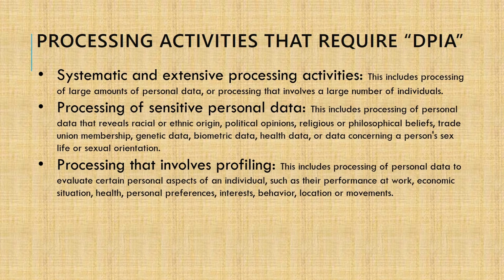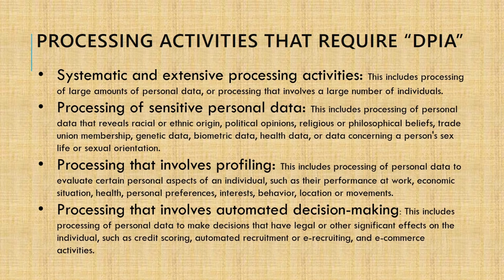I have one more along with profiling, which is automated decision making. This includes processing of personal data to make decisions that have legal or significant effects on the individual, such as credit scoring, automated recruitment, or e-recruiting and e-commerce activities.